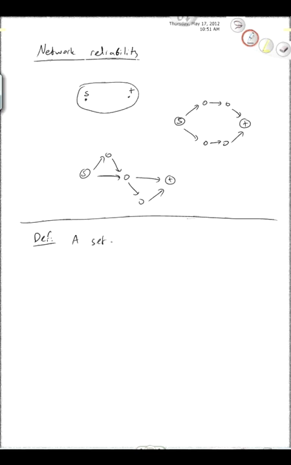A set of paths is edge disjoint if no two paths share an edge.